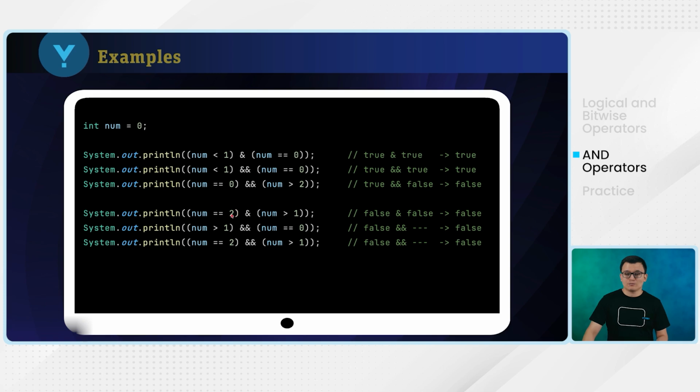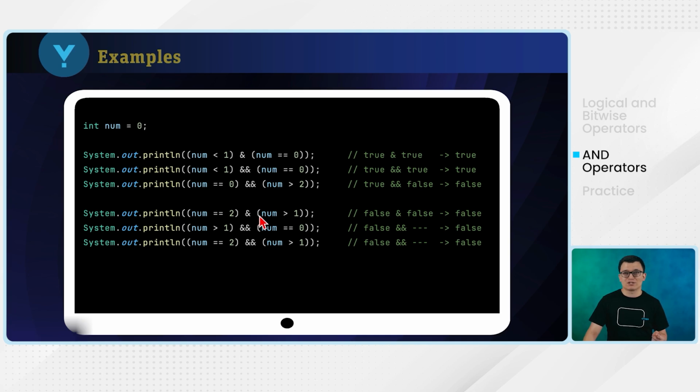And now, when you are using the bitwise AND operator with the first condition as false, this bitwise AND operator still needs to evaluate the second expression. Even though the final result is going to be false at the end, it still has to evaluate it.